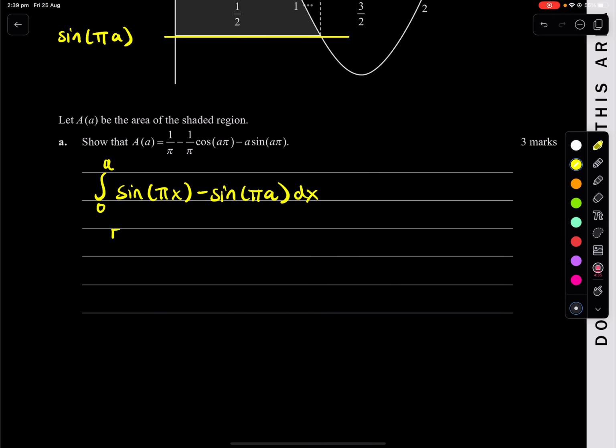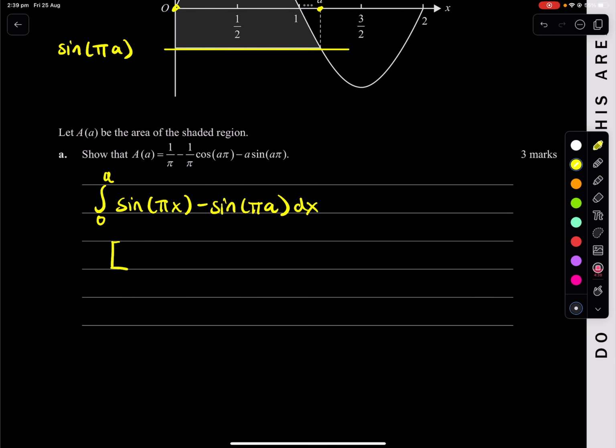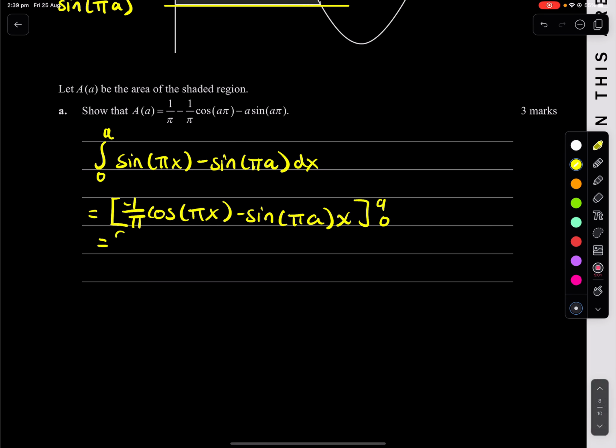which is negative 1 over pi, this will turn to cos pi x, is that right? So, yep, 1 over pi, okay. This is a constant, by the way, remember, so we can just put pi a times, like we'll put an x over here, from a to 0, negative 1 over pi cos pi x minus sine pi a times x.